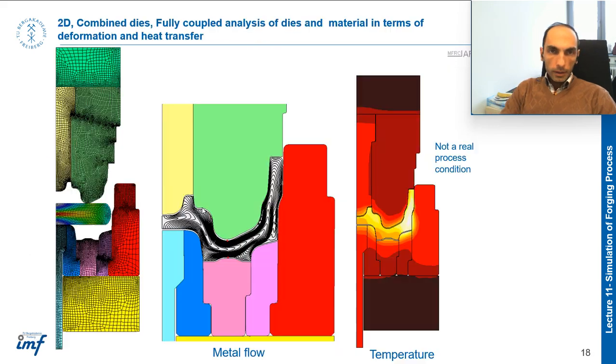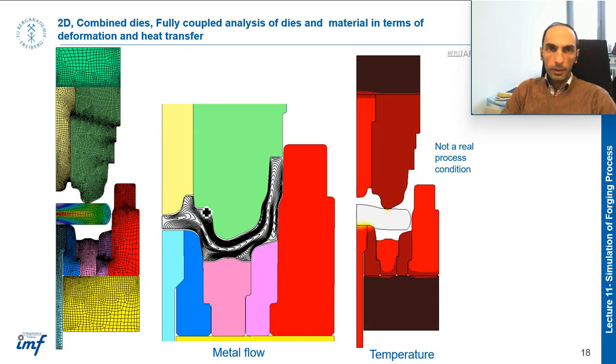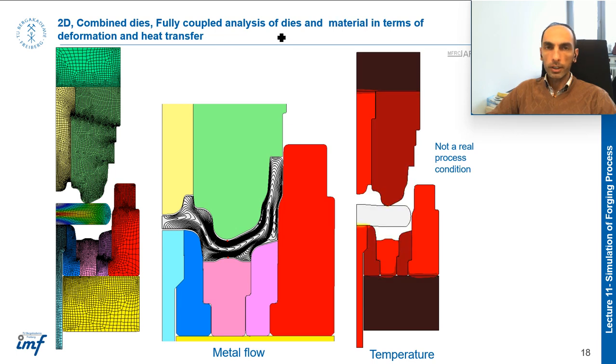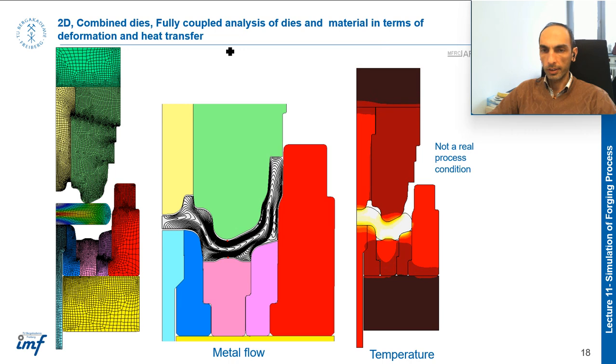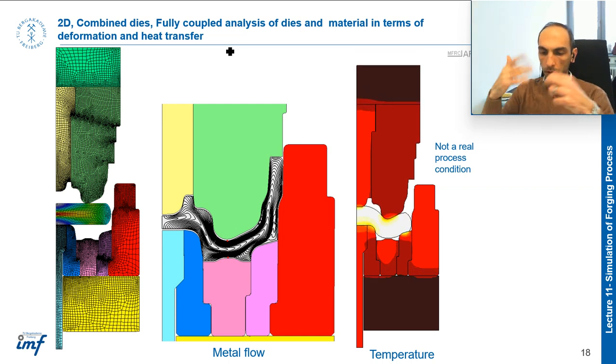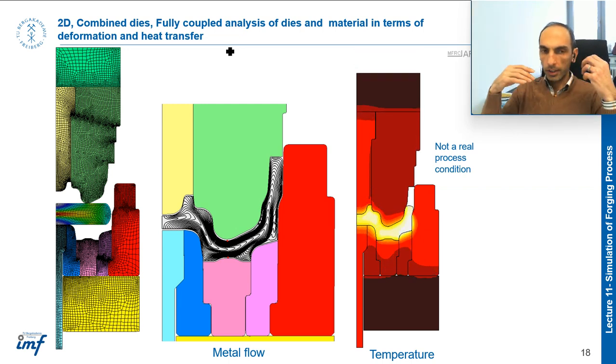The next example is the application of the forging simulation for a fully coupled analysis of die material in terms of deformation and heat transfer. If you look into the problem of forging, simply you have a workpiece, upper die and lower die, but it's not like this.